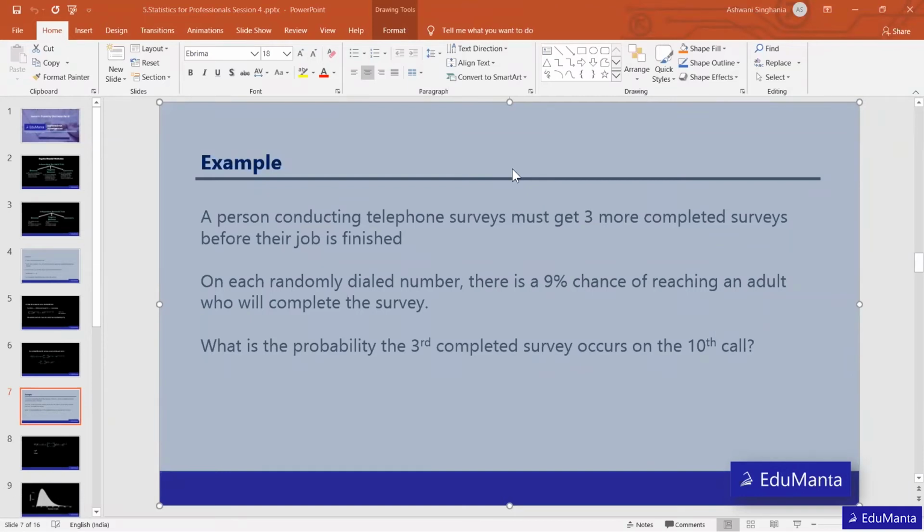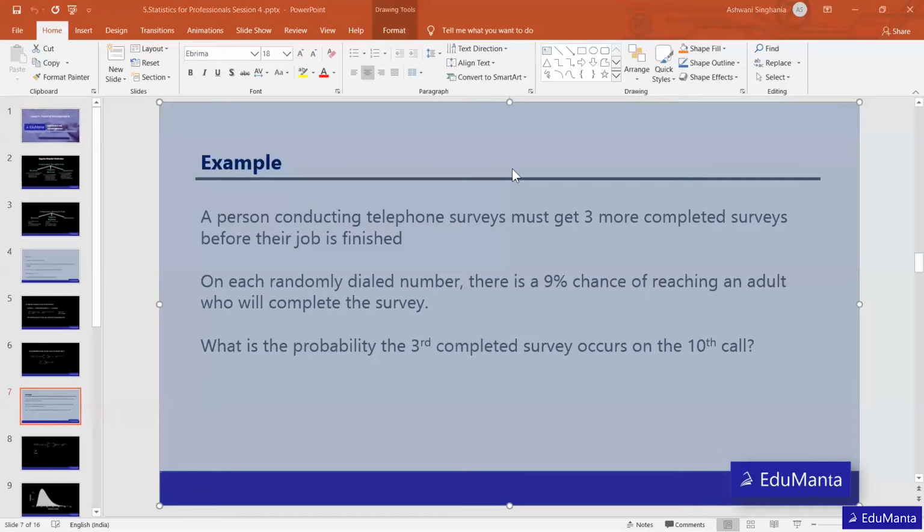So the question is: a person conducting a telephone survey must get 3 completed surveys before their job is finished. On each random dialed number, there is a 9% chance of reaching an adult who will complete the survey.